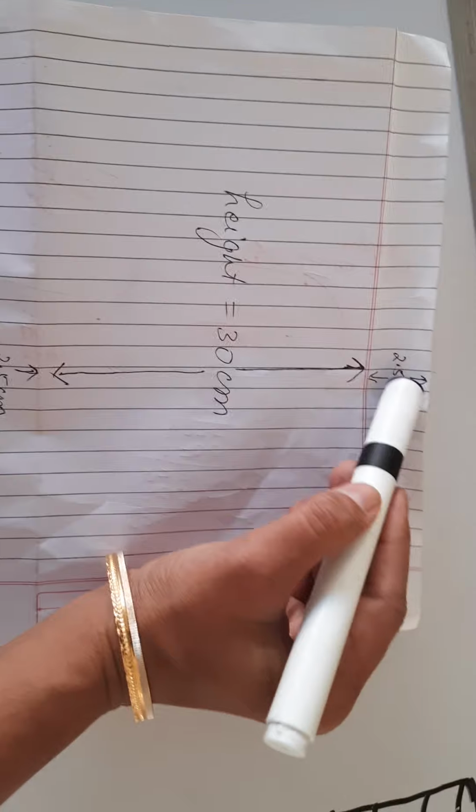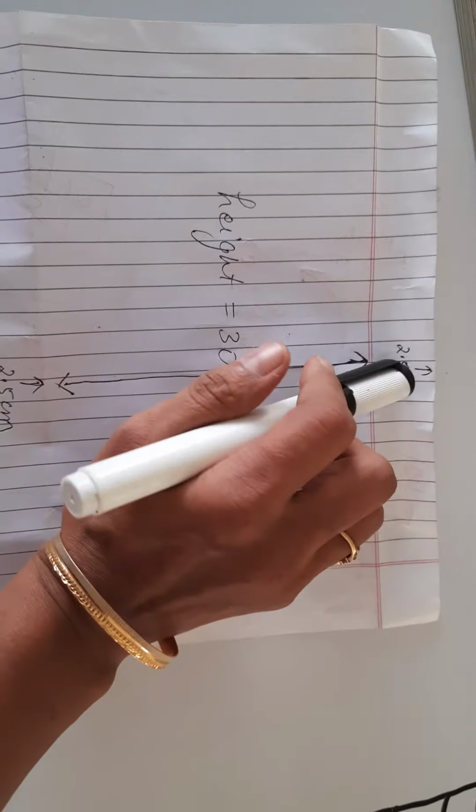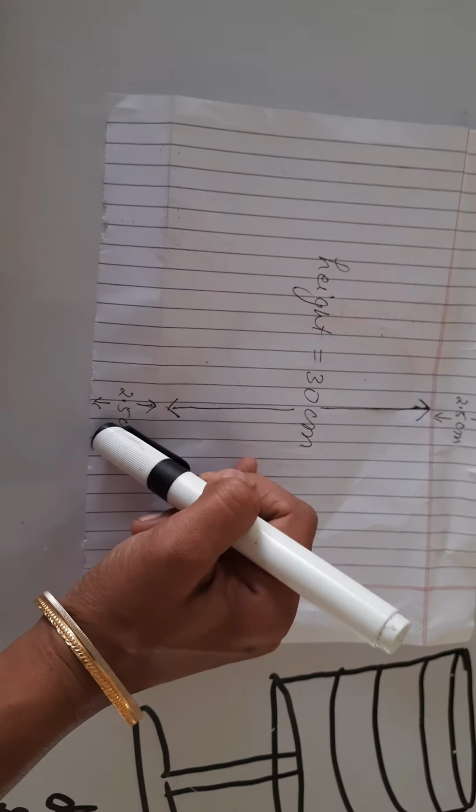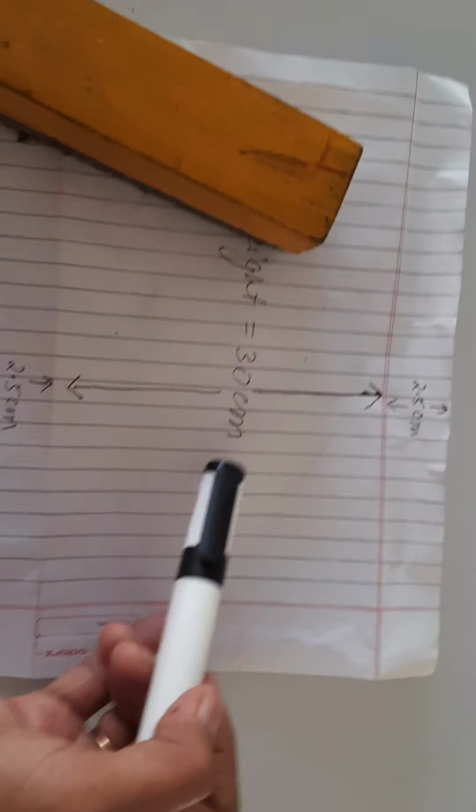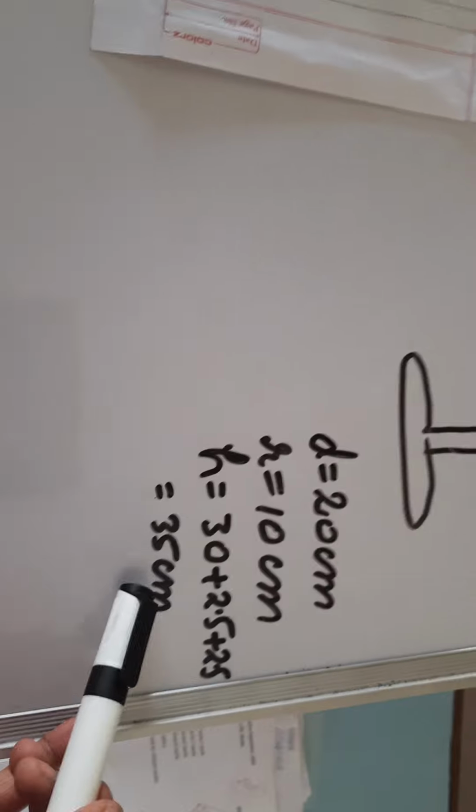And what is that margin part? It is 2.5 centimeter from the top and 2.5 centimeter at the bottom. So total height of the cloth required is 30 plus 2.5 plus 2.5. Total height will be 35 centimeter, because when you make the lampshade, we will fold these margins to give the finishing like this.